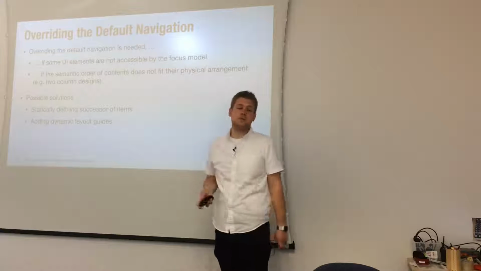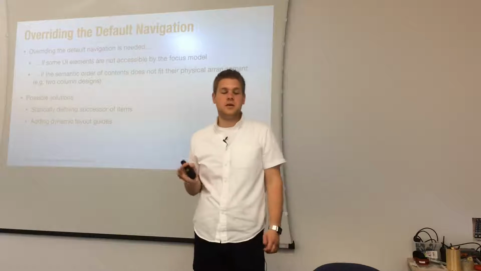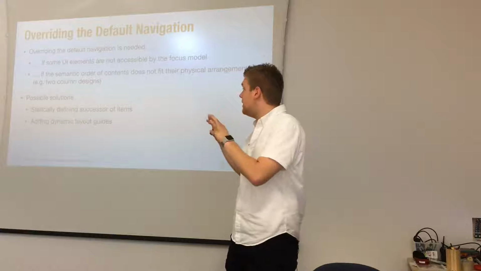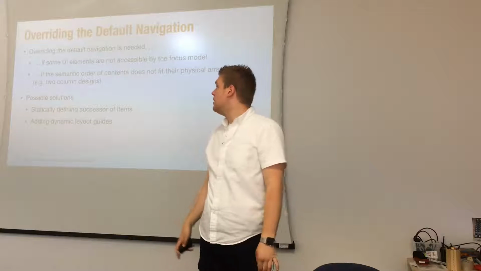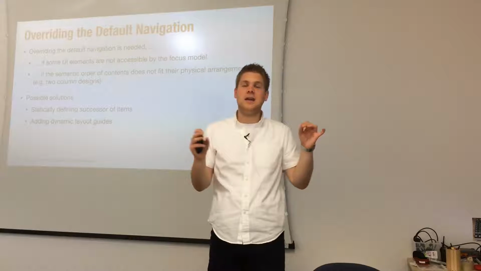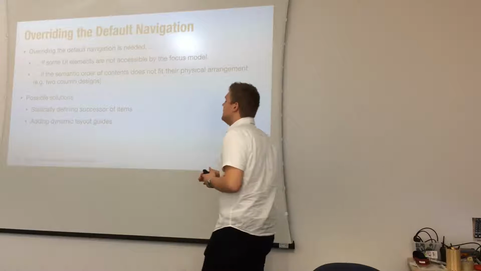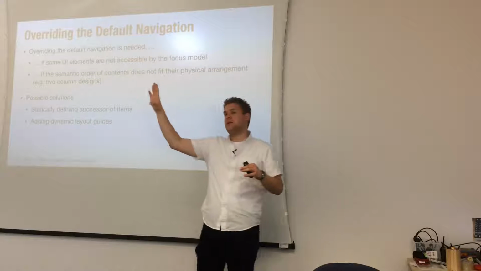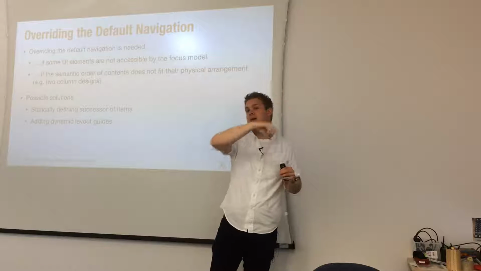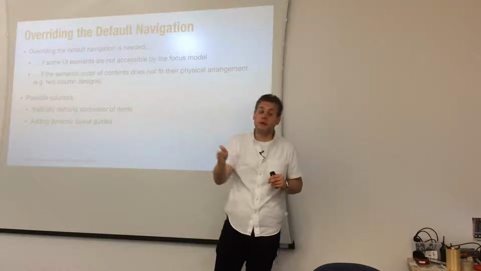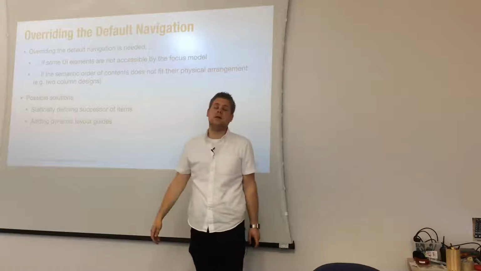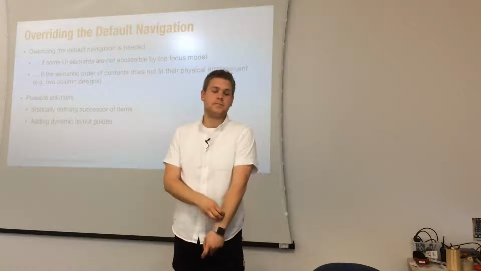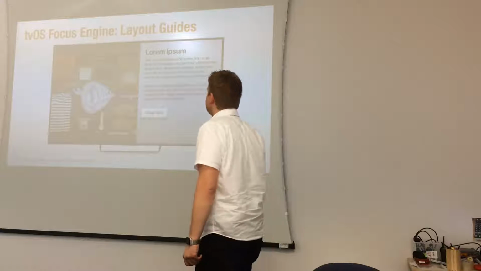The possible solutions would be either to statically define the successor of an item, or by adding even more layout guides that check whether something appears along one axis and then reroute the event basically to another button. Let's first have a look at tvOS.